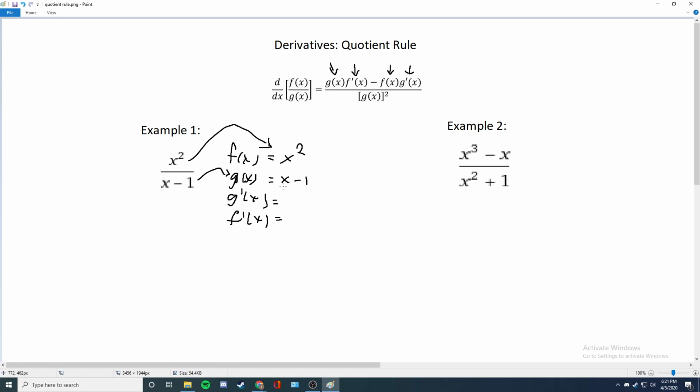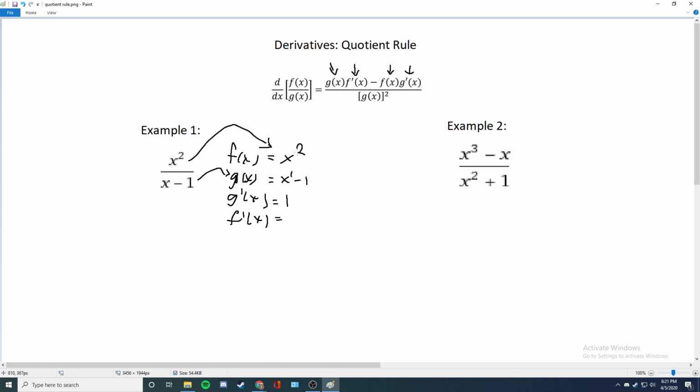For g prime of x, x minus 1, we'll find the derivative of each individually. The derivative of x, really x to the first, is just going to be 1 because of the power rule. And 1, its derivative is 0 since it's a constant. So the derivative of g is just 1.